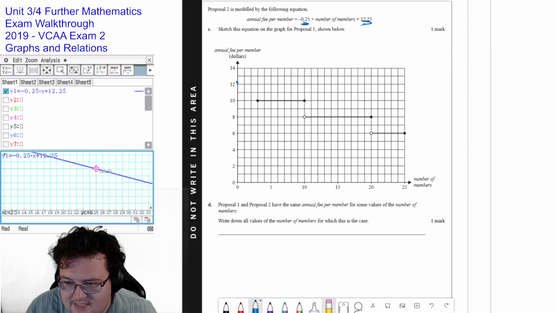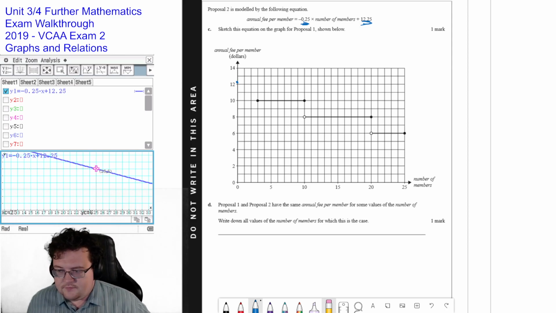and at 6, so when x is 25, y is equal to 6.